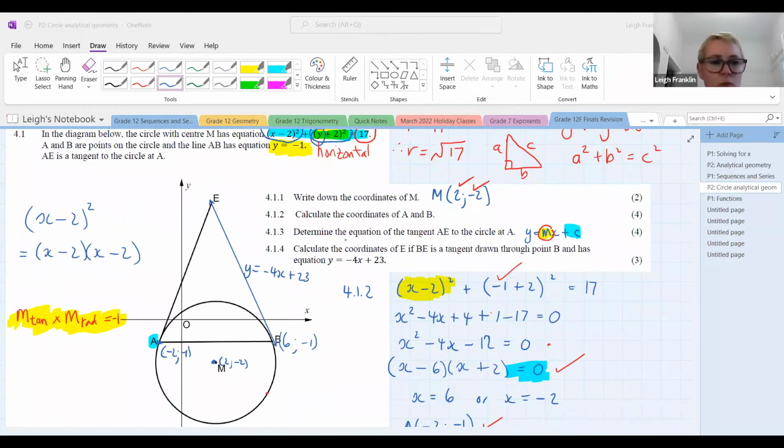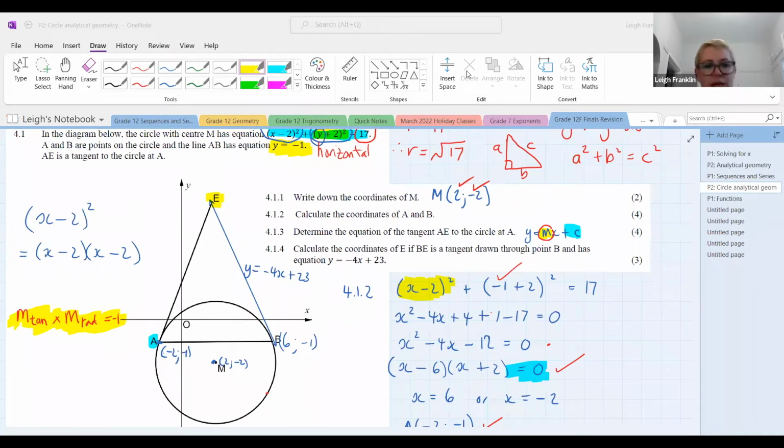What they want us to do is calculate the coordinates at E. So everything that we do helps us to do the next thing. The fact that we've just got the equation of AE is really important for us to be able to answer question 4.1.4. What does point E represent? Exactly, we can use simultaneous equations.